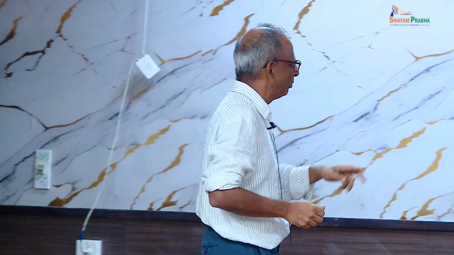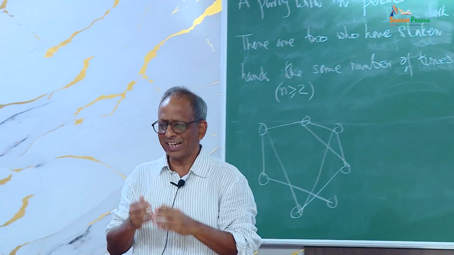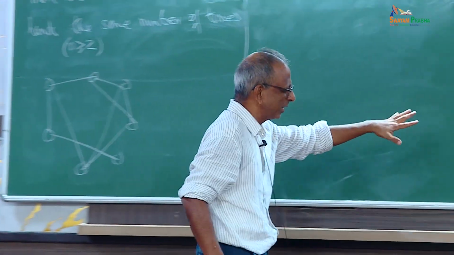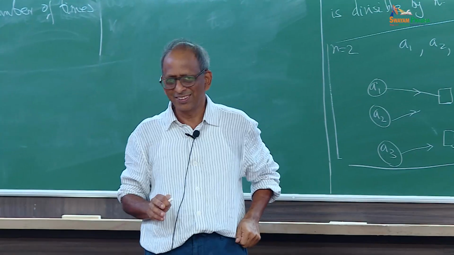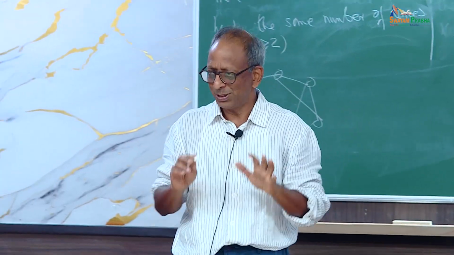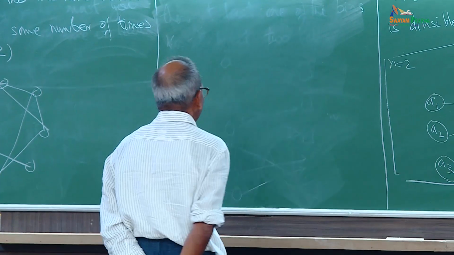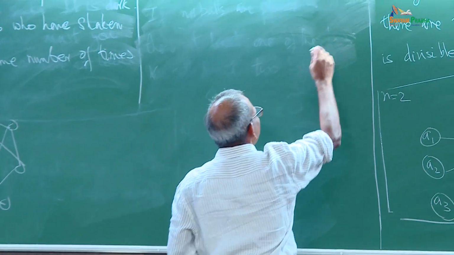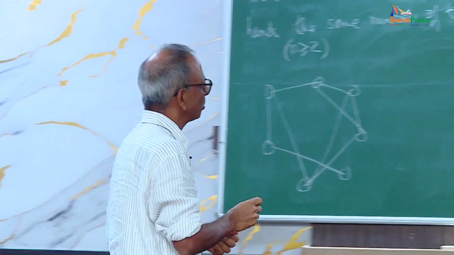What are the bins? We want to find 2 persons who have shaken hands the same number of times. If our past experience means anything, the persons should somehow be balls or bins. Persons should be balls. What are the bins? The number of times they shake hands. What possible numbers are there? 0 to n minus 1.